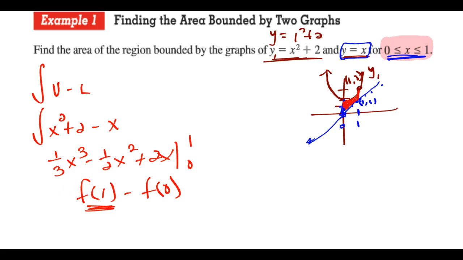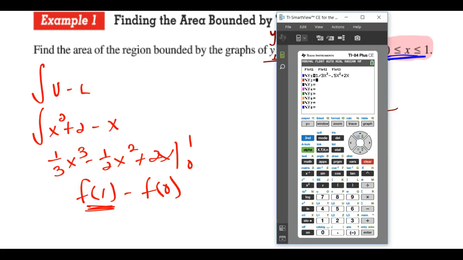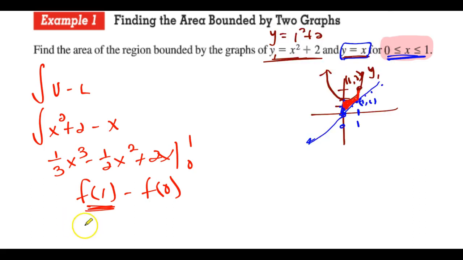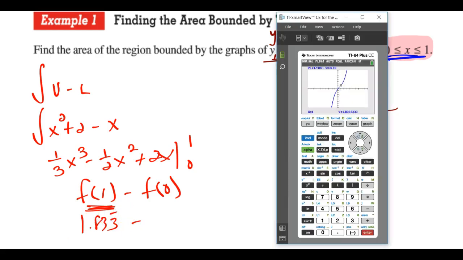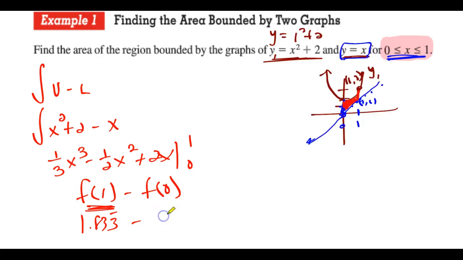Honestly, I would just go to your calculator. There's a couple ways you could do this. You could type this under your y equals, look at the graph of this thing, and then trace 1, enter, 1.8333, minus the 0 is 0.